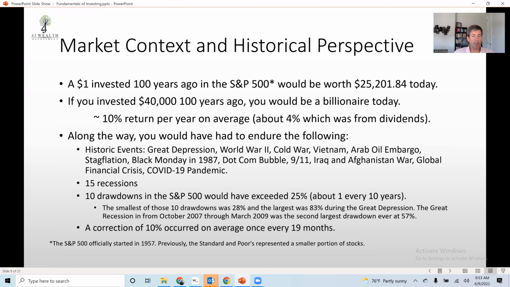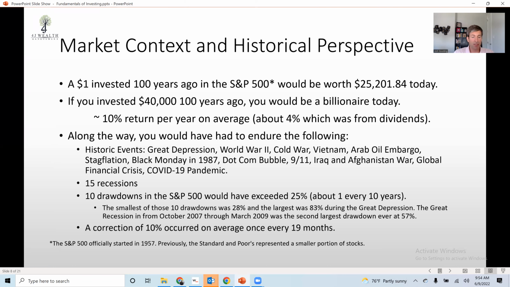You would have also had to endure 15 recessions. There would have been 10 drawdowns in the S&P 500 that exceeded 25%, about 1 in every 10 years.